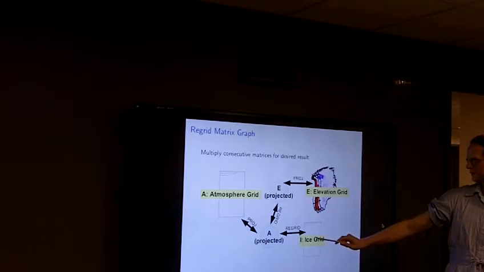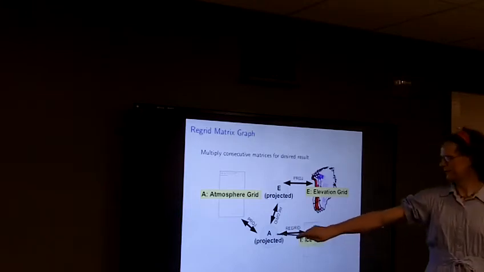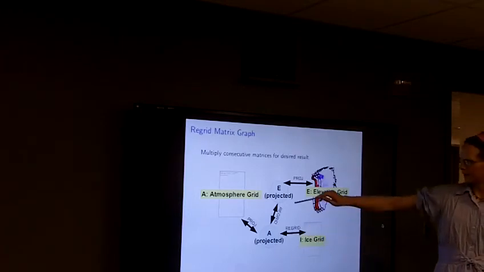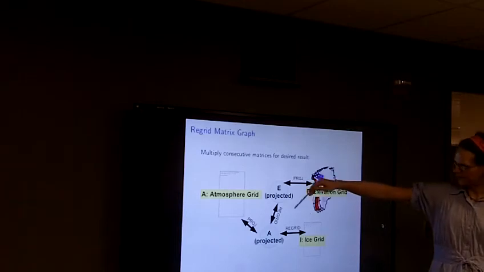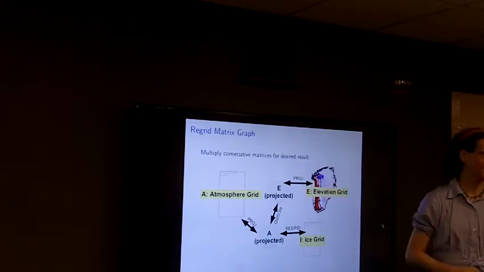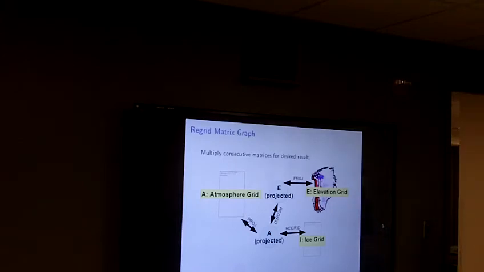We know how to go between the atmosphere grid and the ice grid. That's just standard regridding. And actually it should be an arrow this way. We know how to go from the ice grid to the elevation grid because of that interpolation scheme I mentioned before, and there's a whole derivation of that.